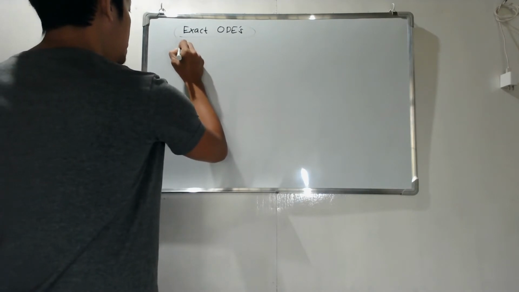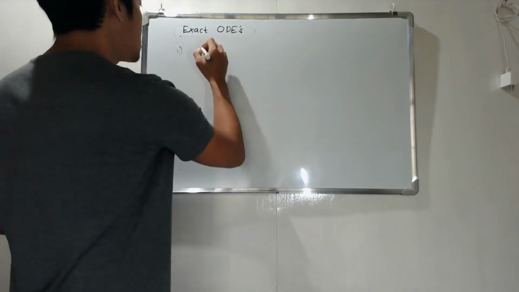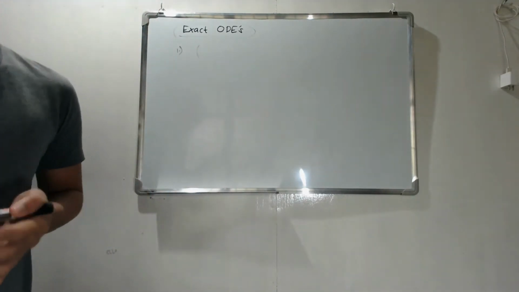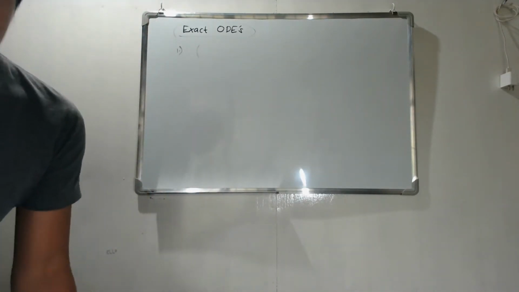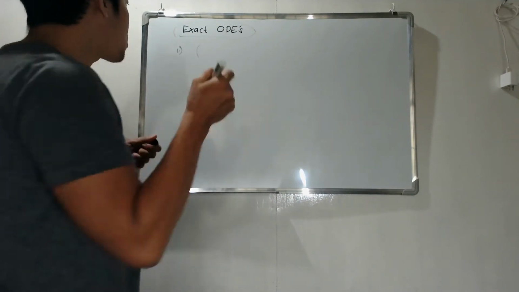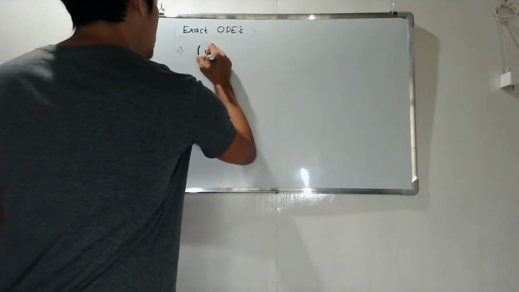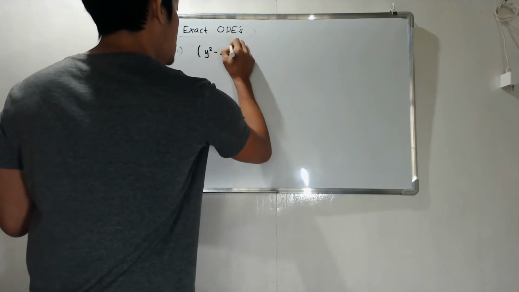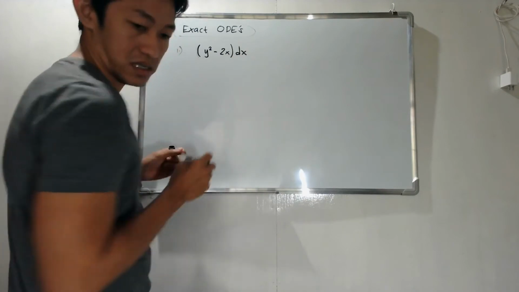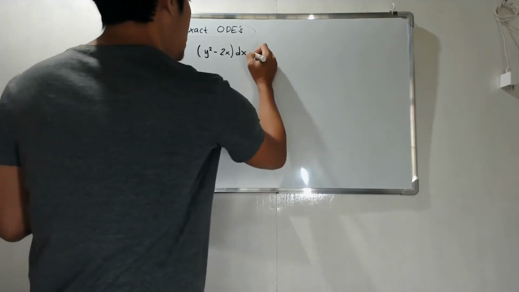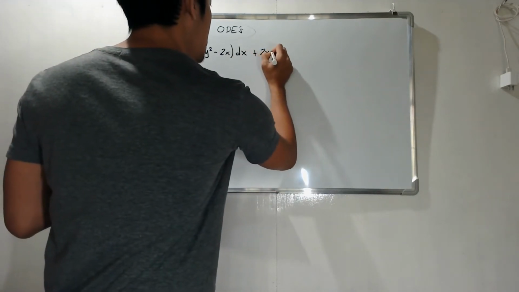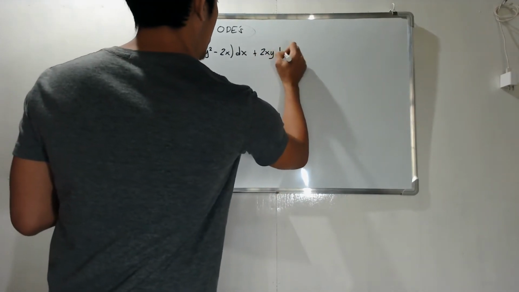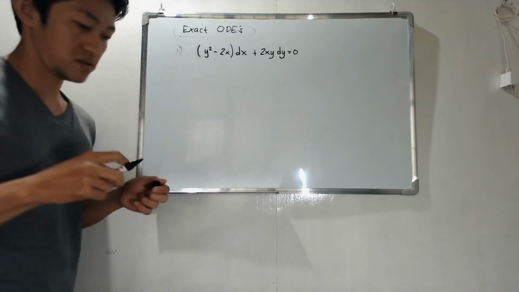Example number 1. You have (y squared minus 2x) dx plus 2xy dy equal to 0.